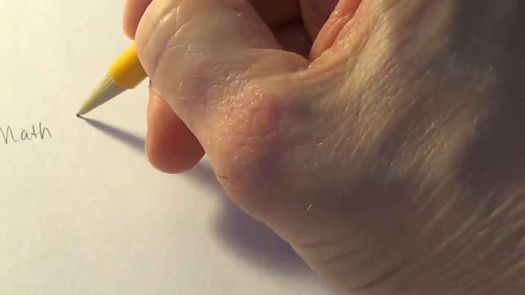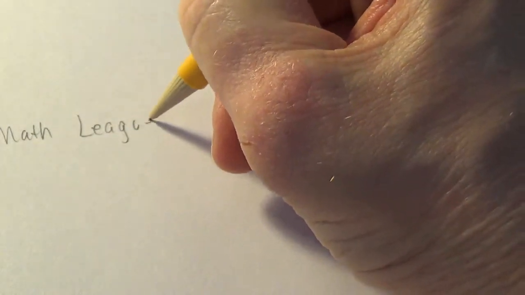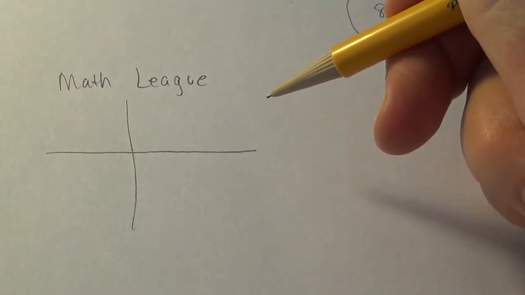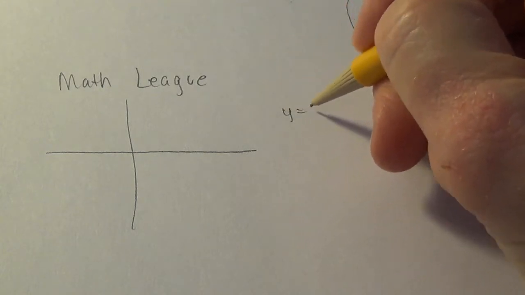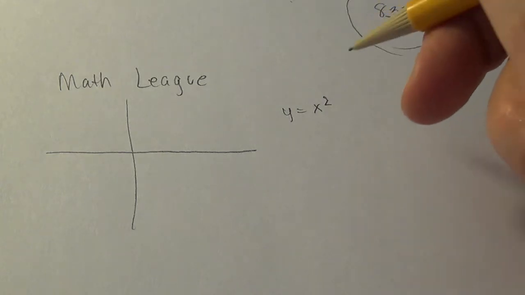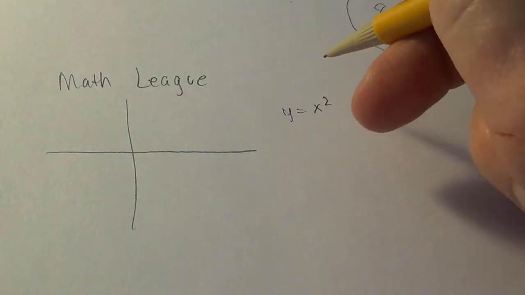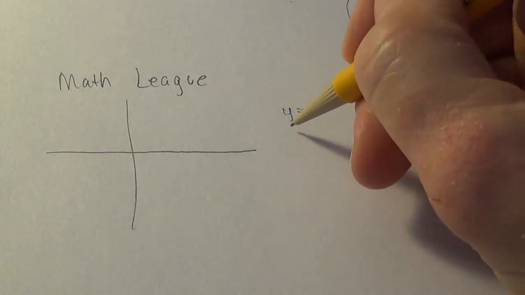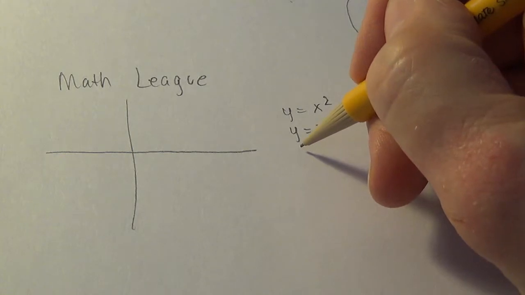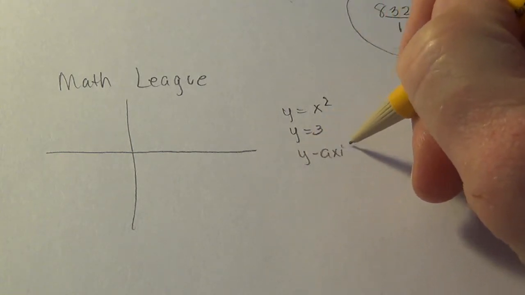Here's the one from the Math League that showed up, lo and behold, on our last test. So let's see. They had y equals x squared, and they wanted the area enclosed by y equals x squared, y equals 3, and I believe the y-axis, that area.